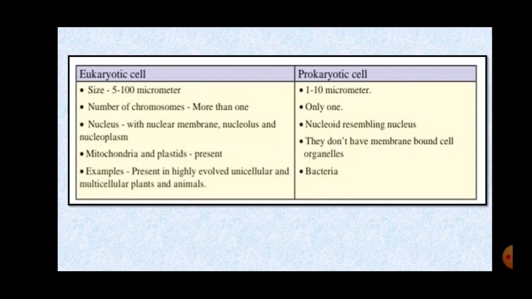Prokaryotic cell, the size is 1 to 10 micrometers, whereas eukaryotic cells are 5 to 100 micrometers in size. Then the number of chromosomes in eukaryotic cells is more than 1, whereas in prokaryotic cell there is only and only one single chromosome.